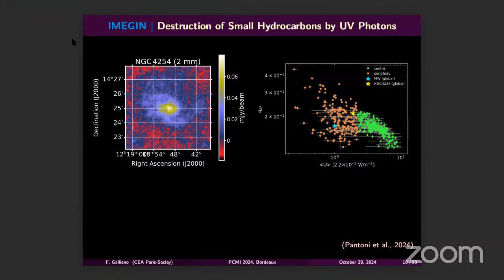It tells us that when you have a more intense radiation field, you tend to destroy those small grains. But again, that's one of the first cases where we can really observe this trend at this spatial resolution in these galaxies, because most of the trends presented in the past were actually among galaxies, integrated.